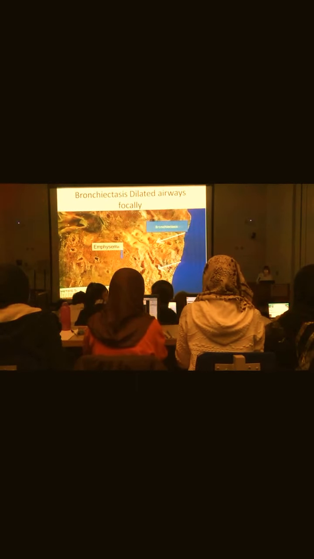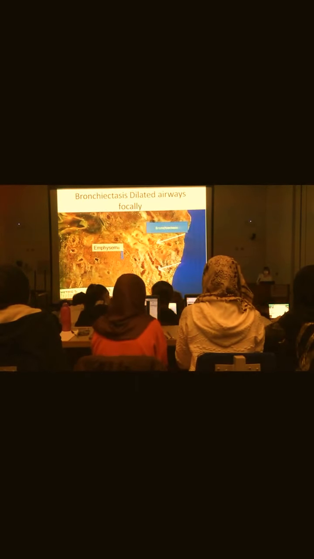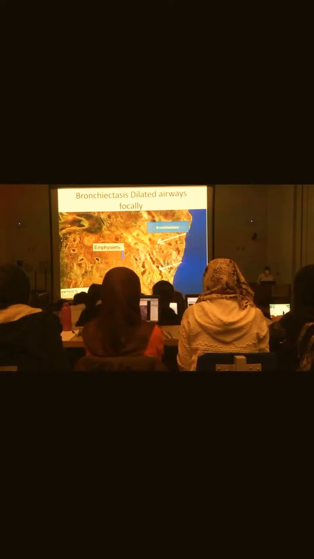And the white arrows are showing you bronchioles which are dilated for quite a length, going out almost to the pleural surface. So what is this part of the lung showing? Bronchiectasis. Very good. So emphysema and bronchiectasis.